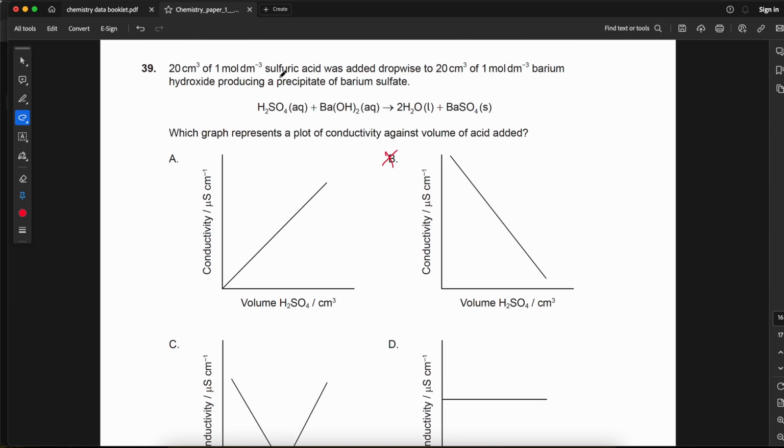As more H2SO4 is added, it reacts with barium hydroxide, producing barium sulfate solid. This precipitation removes ions from the solution. Therefore, the conductivity will decrease as you add volume of H2SO4.